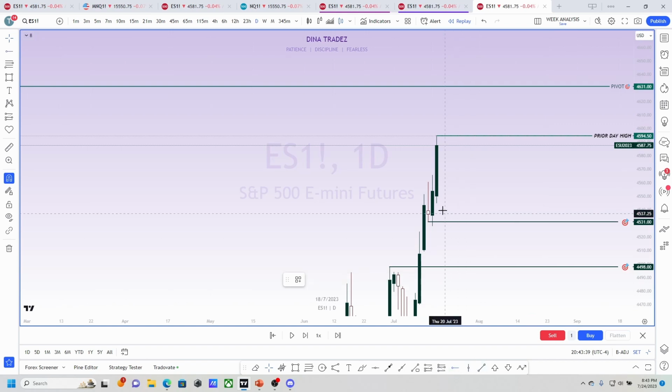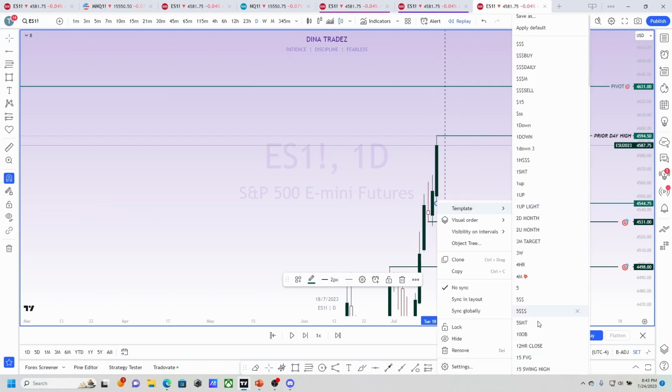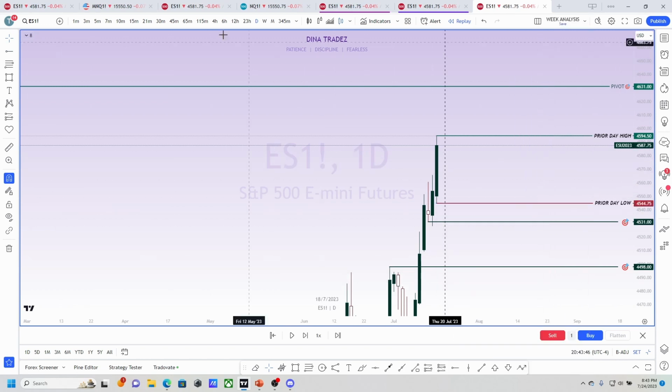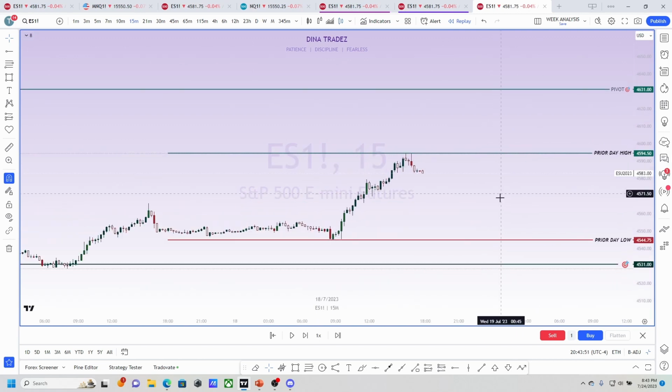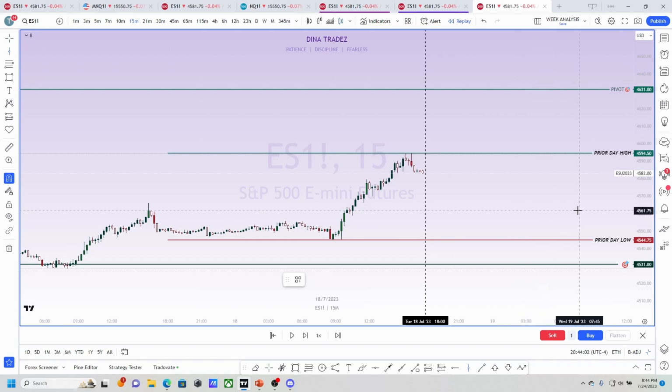Let me do the per day low. I have way too many things because I need to get rid of some of them. Okay, and then we're going to go to 15. Then let's mark out the open. And then this is Wednesday. Okay, we want to do 9:30.